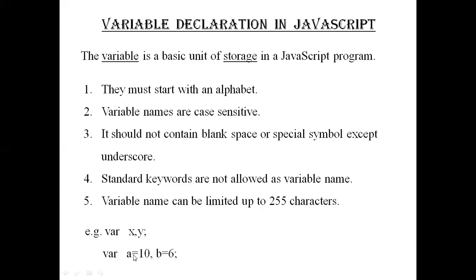These are the values which are initialized to the variable. Here they are just declared and terminated with a semicolon for the program to proceed. So variables are declared and initialized with values, and the variable name is declared with the keyword VAR.